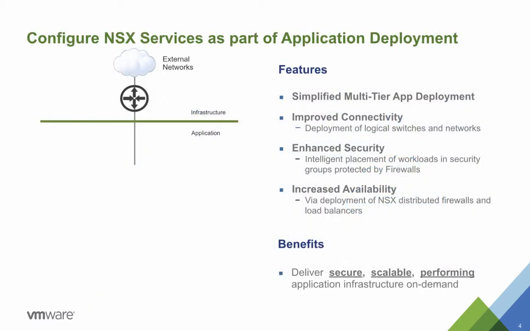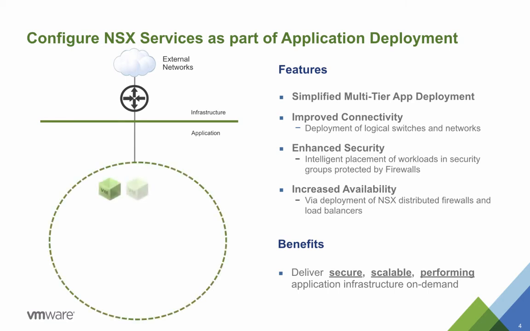Today, applications need much more than just appropriately sized virtual machines. They also need networks configured with appropriate connectivity, security, availability, scale, and performance. vCloud Automation Center can dynamically provision NSX logical services customized to the specific needs of each application.